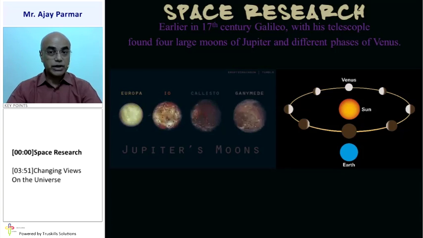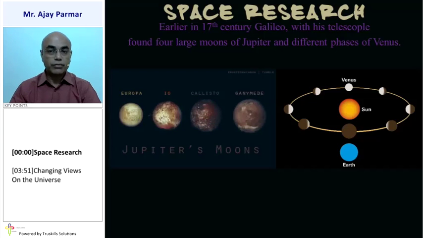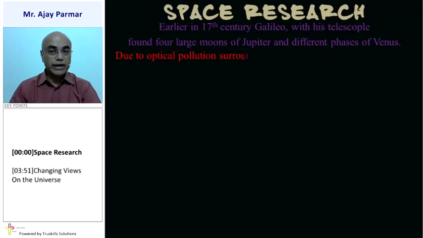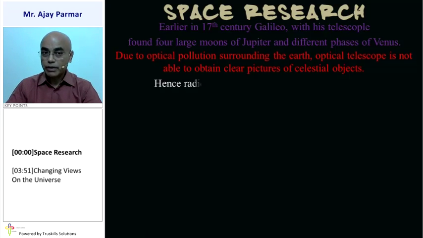Just like the different phases of the Moon that we know today, exactly the same way he found different phases of Venus. Not only that, there was optical pollution in the surroundings of the Earth, and because of that, the optical telescopes were not able to obtain clear pictures of the celestial objects. So that was a problem.